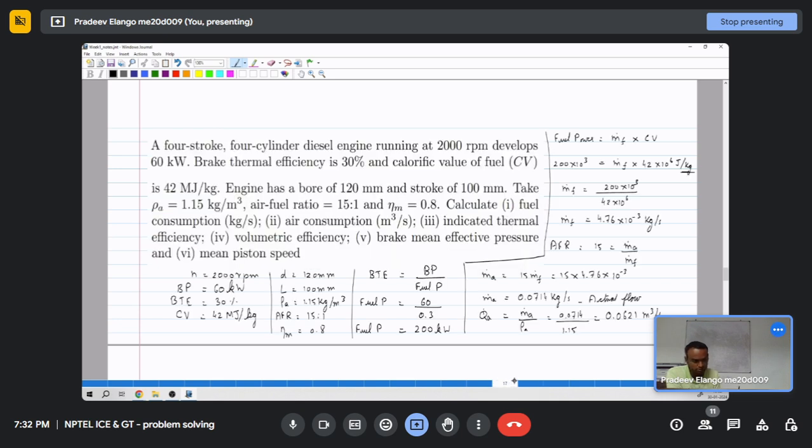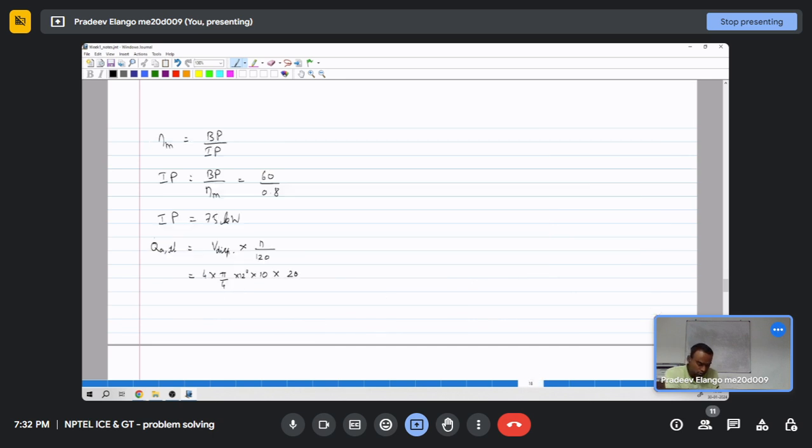N is the speed of the engine, that is 2000. To convert 2000 rpm to cycles per second, I divide by 60 for revolutions per second, and since it is a 4-stroke, there are 2 revolutions for 1 cycle, so I divide rpm by 2, that is n by 120. So this will give me the theoretical flow rate.